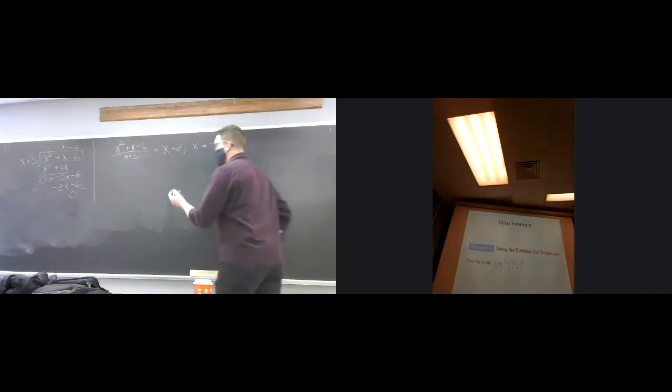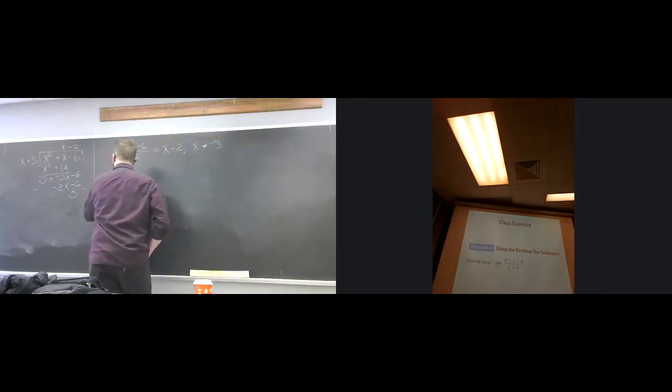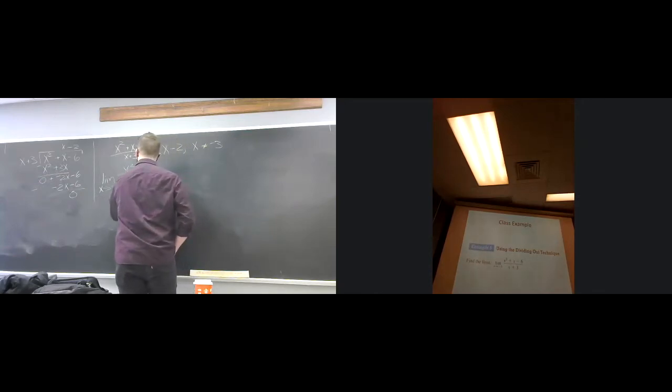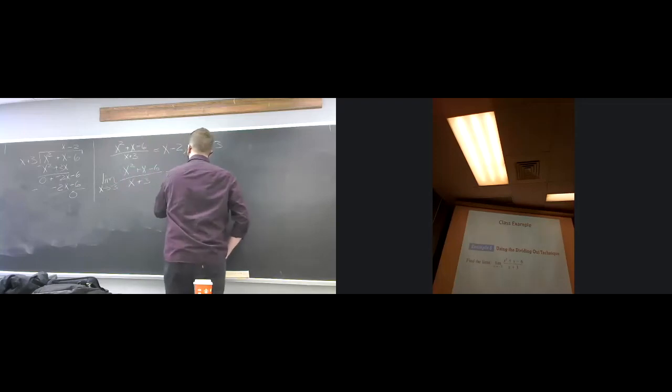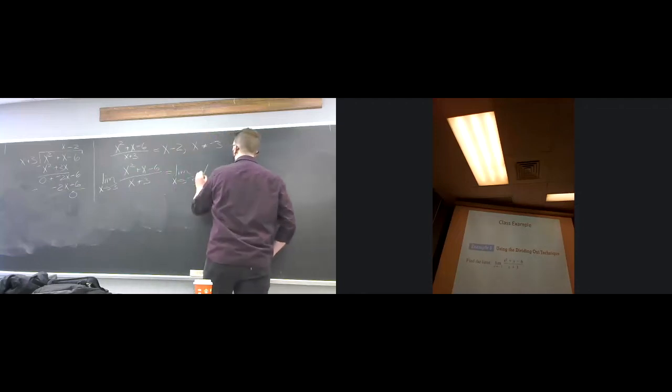All right. So that gives us that the limit as x approaches negative 3 of x squared plus x minus 6 over x plus 3 is equal to the limit as x approaches negative 3 of x minus 2.